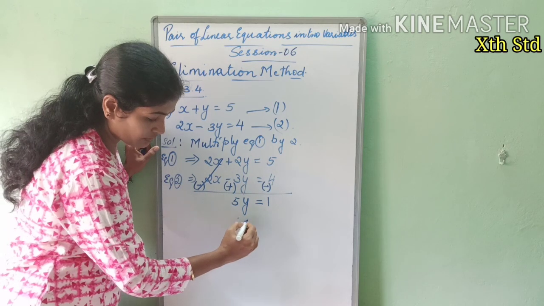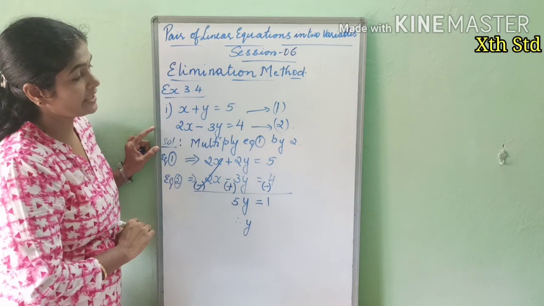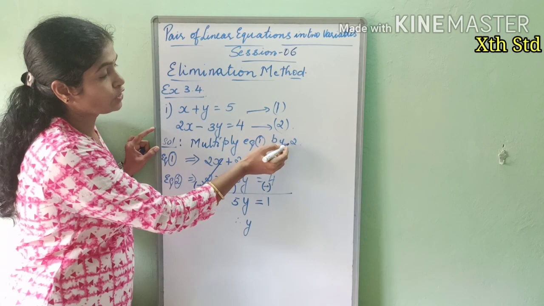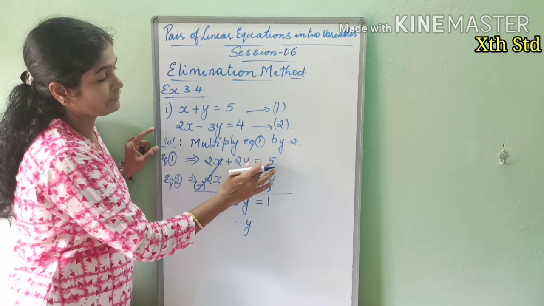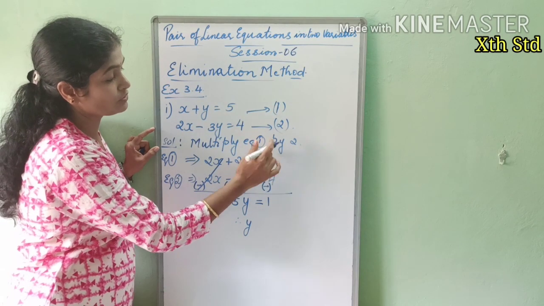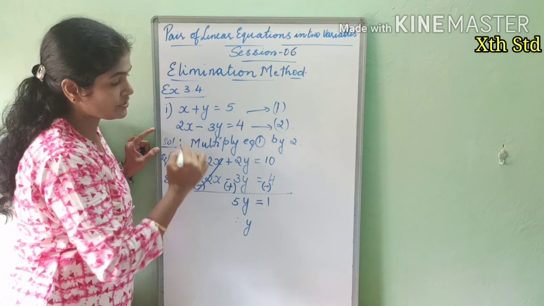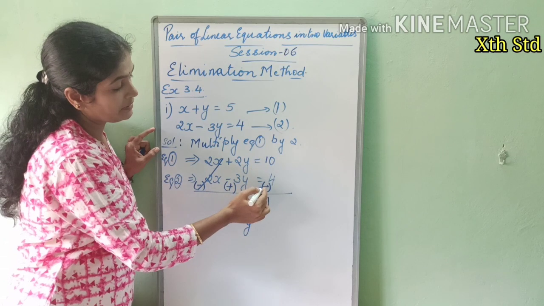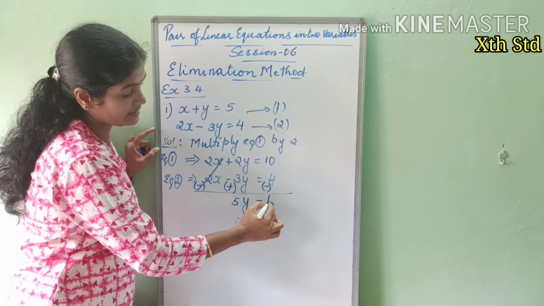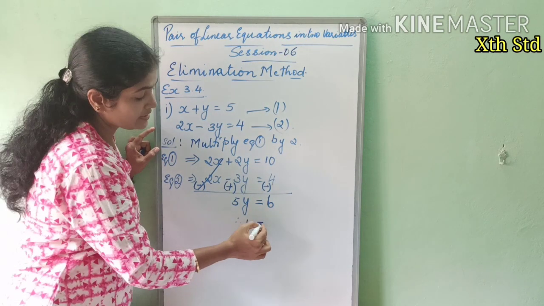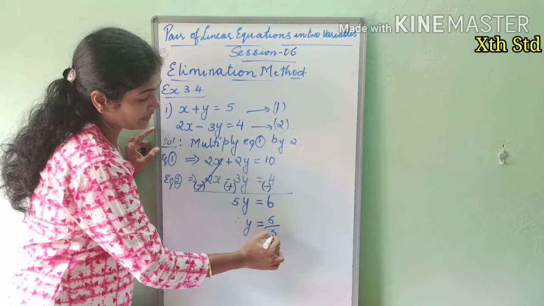One mistake have we done? Yes, 2 into 5 we have not multiplied. It is 5 into 2, which is 10 here. The entire equation is to be multiplied. So 10 minus 4 is 6. So y is equal to 6 by 5.